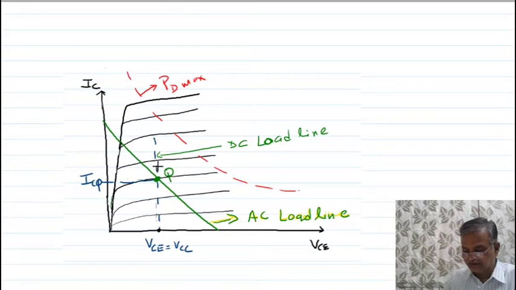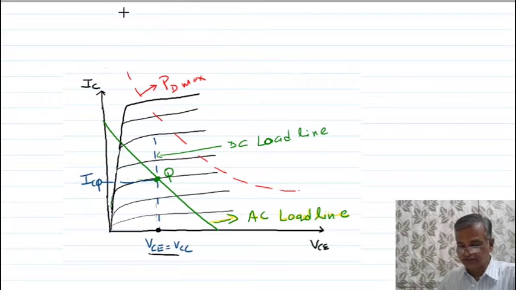That's why the DC load line is shown vertical. One point is here on the x-axis, and on the y-axis it is very large, infinite. So the second point will be on this side, very large. That's why I have drawn the load line vertical from VCE equal to VCC.